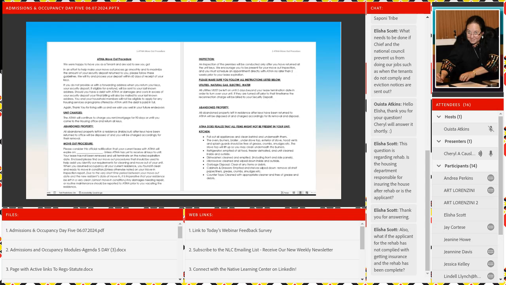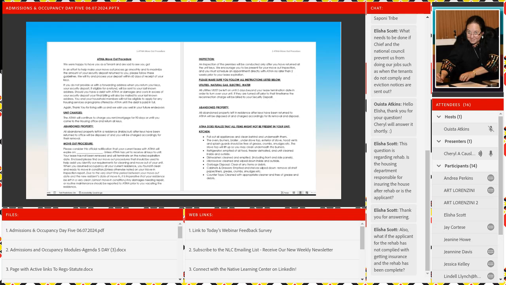When you assumed occupancy of your current residence, you found it in a clean and ready to move into condition, unless otherwise noted in your move-in inspection report. Due to the very short time period between your move-out date and the new resident's move-in date, it's imperative that your residence be left in a very clean, almost move-in condition.